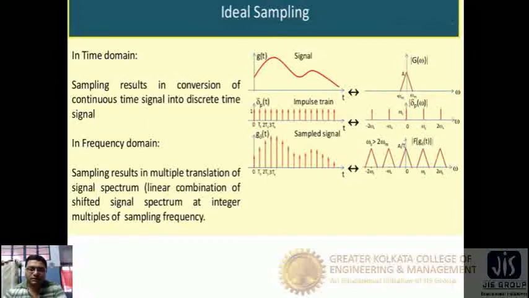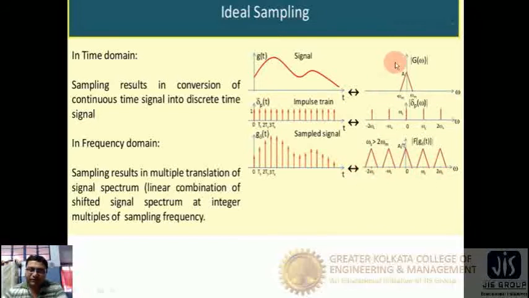Here you can see a continuous time signal and its frequency domain representation. For the impulse train the frequency domain representation is continuous, and the sampled signal representation looks like this.